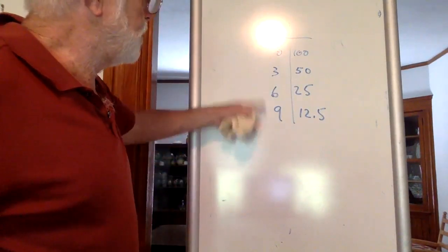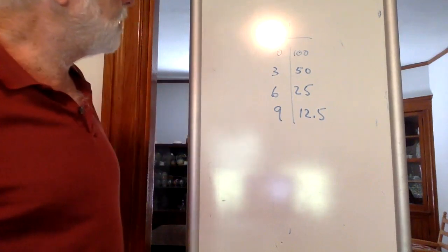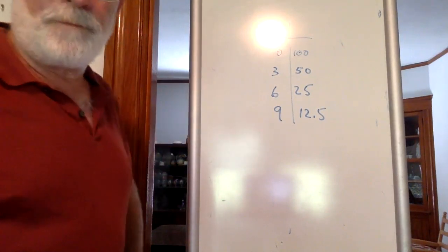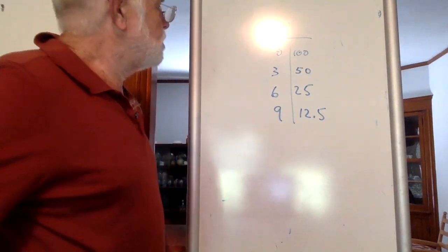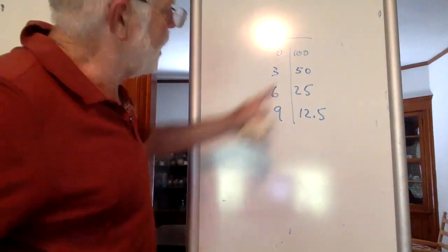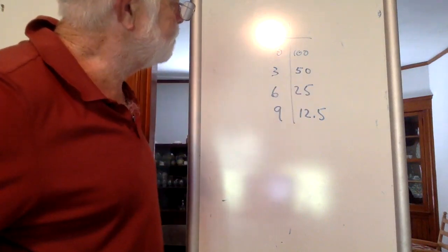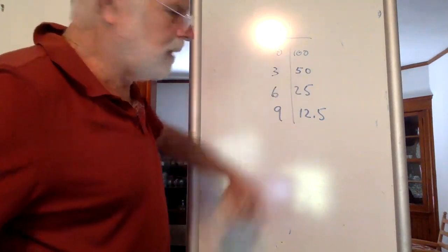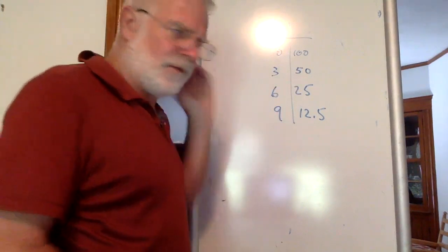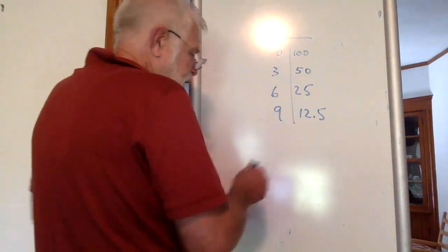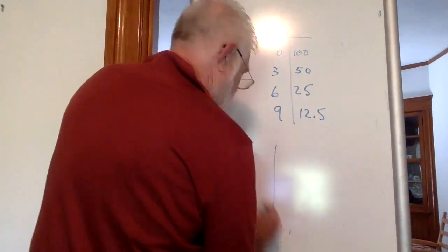So what do we got here? That's pretty consistent on the left, jumping by threes. Remember, you're pausing this, then playing this. So it looks like every 3, something happens on the right side. It looks like these numbers cut in half. I wonder what that graph would look like. Let's just take a peek. 0, 100.